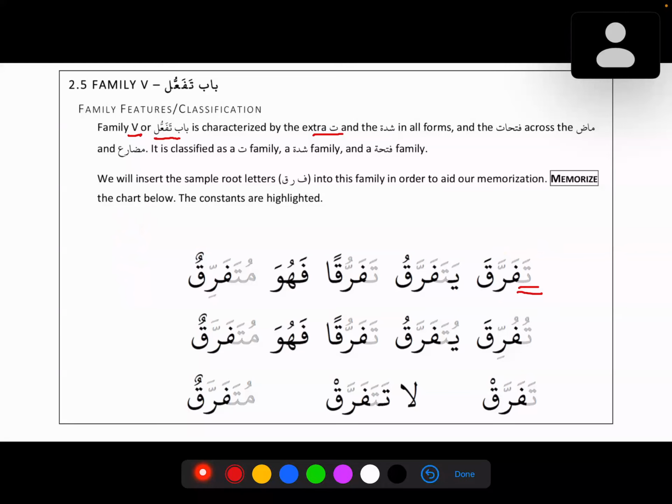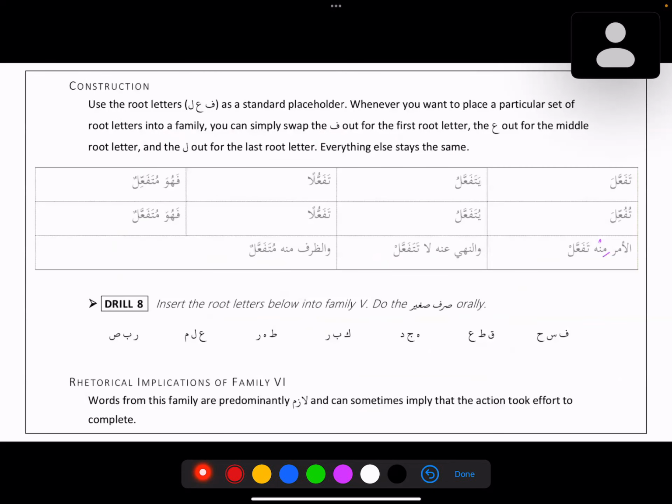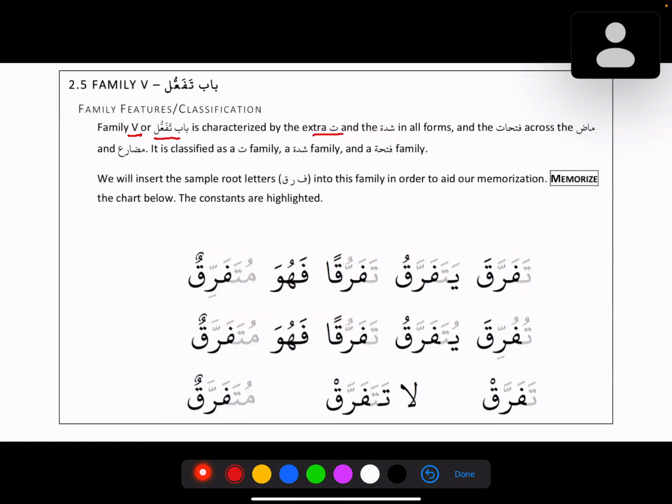And that's why my teacher, Ustad Asif, used to say that you can call this family 2 plus 3. What does that mean? 2 means family 2, so allama.